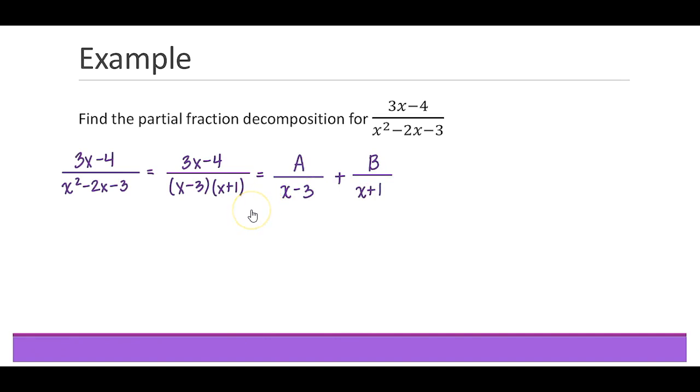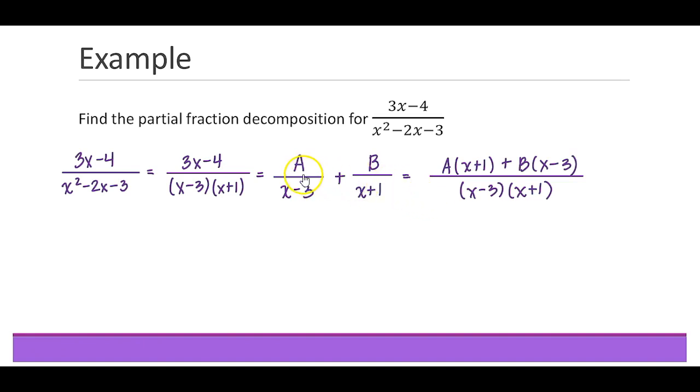To add it back together, we're going to have that common denominator of x minus 3 times x plus 1, and the a on the top would need to get multiplied by the x plus 1, so we'd have a times the quantity x plus 1, and then the numerator constant b would have to get multiplied by x minus 3, so we have plus b times x minus 3.